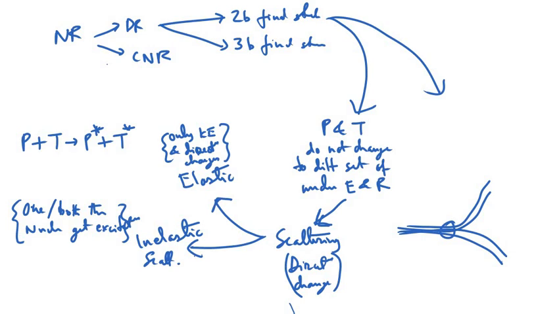Now you see, in two-body reactions, apart from scattering, there can be rearrangement or transfer reactions. This one, transfer reactions, right? Now what happens in the case of transfer reaction?